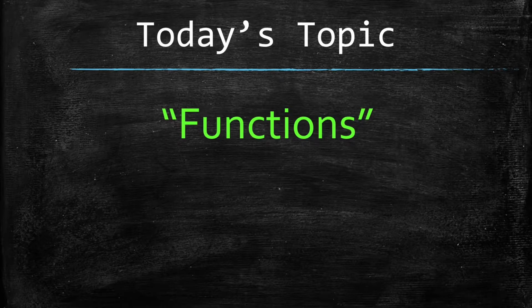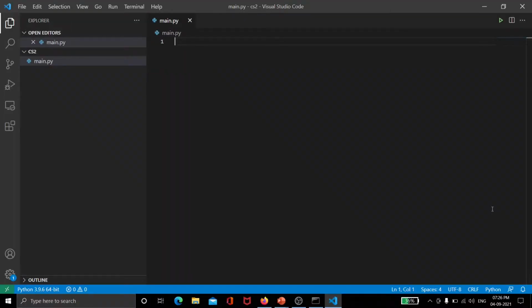Let's see the implementation of a function in VS Code. Let us see the implementation of functions in Python. def is the keyword that represents a function in Python. You can use any name you want, but the name should be relevant to the function. It is more readable to another developer if they see it.